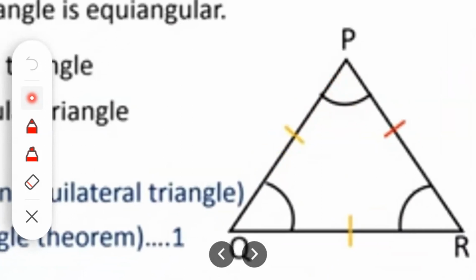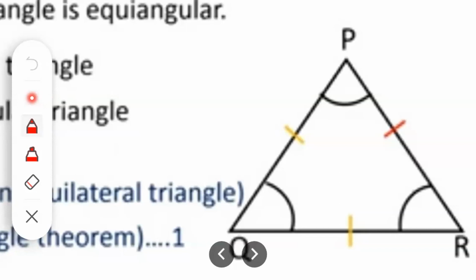That is the theorem we learned, the isosceles triangle theorem. The statement was: if two sides of a triangle are congruent, then the angles opposite to them are congruent.